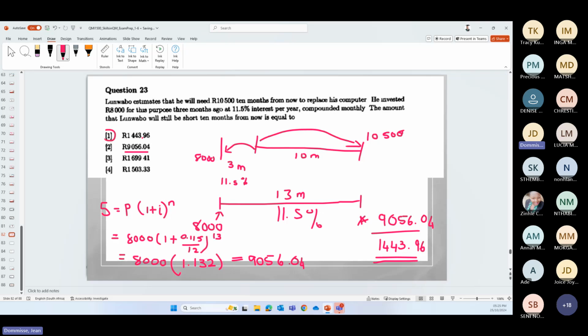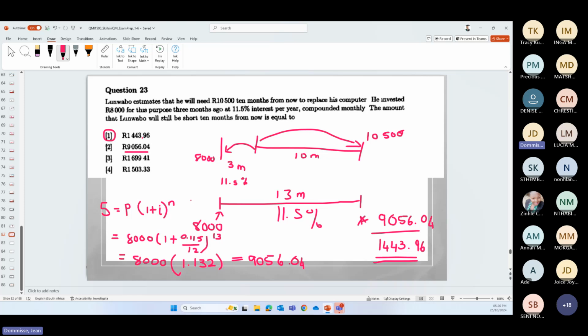1443.96, option 1. Okay, so this one is a bit different, and again, I like to draw timelines just to make it a bit easier. If you see the timeline, it made it simpler to get to that answer, because now you can see how many periods it needs to be.